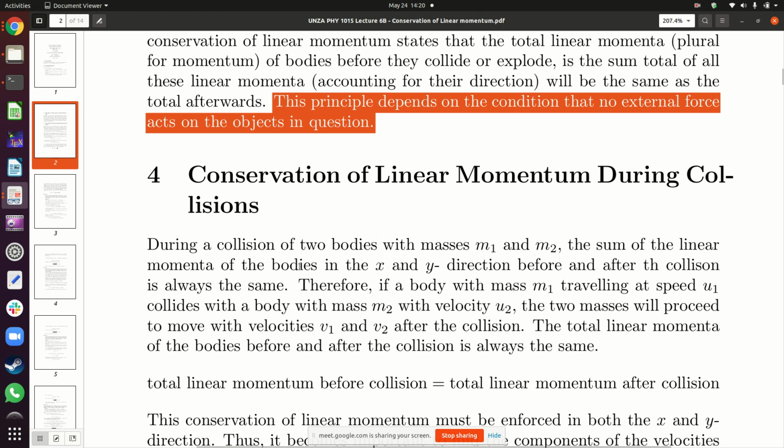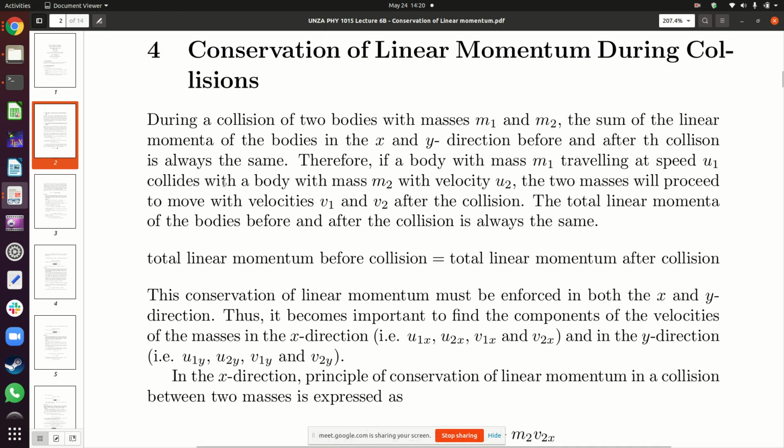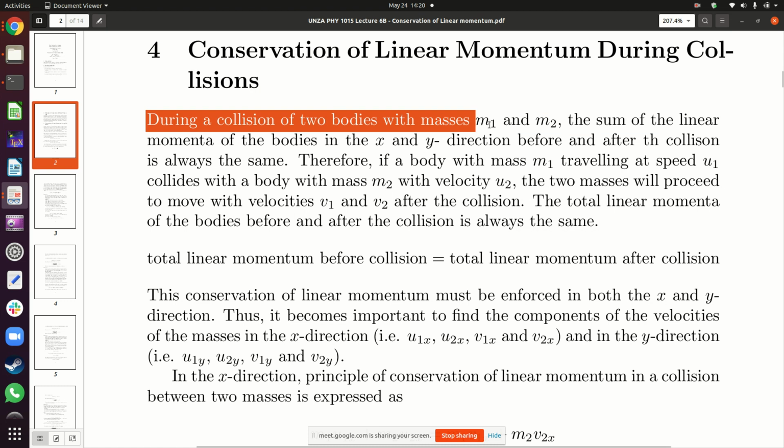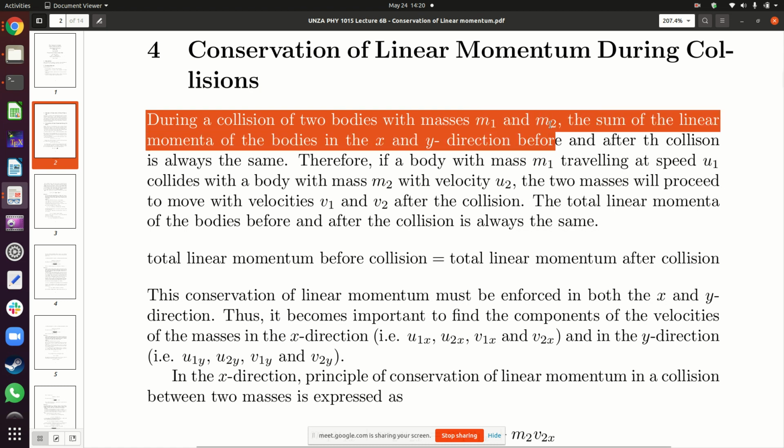So let us look at how we would apply conservation of linear momentum during a collision. In this case, we have a scenario which you have to look at. During a collision of two bodies of masses m1 and m2, the sum of the linear momenta of the bodies in the x and y directions before and after they collide is always the same.